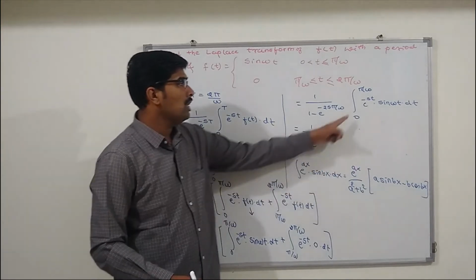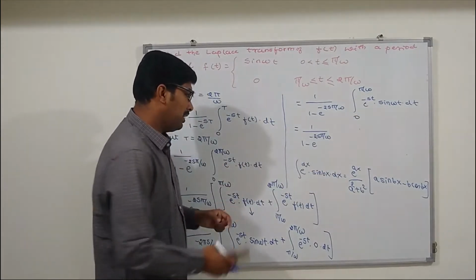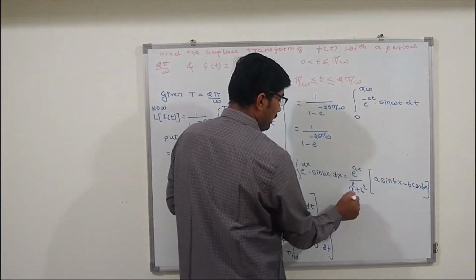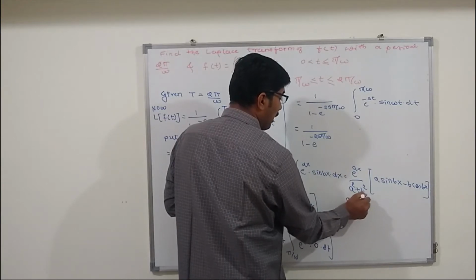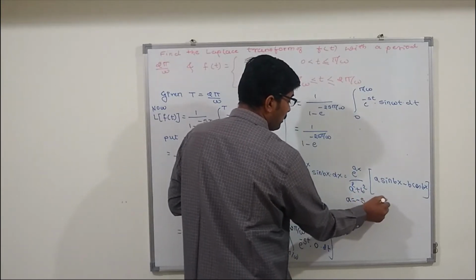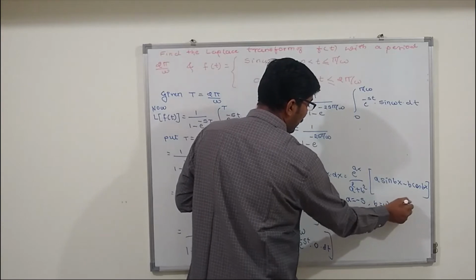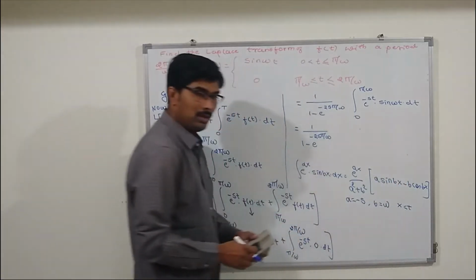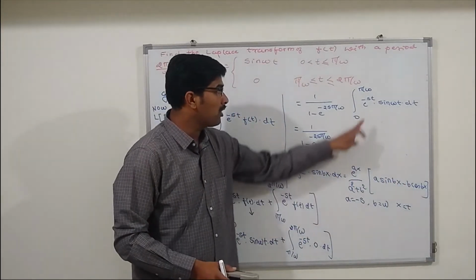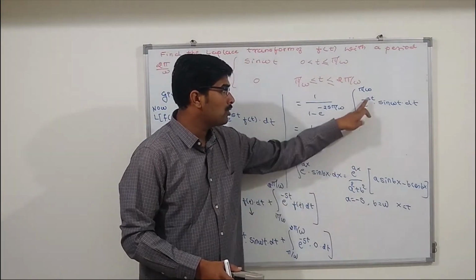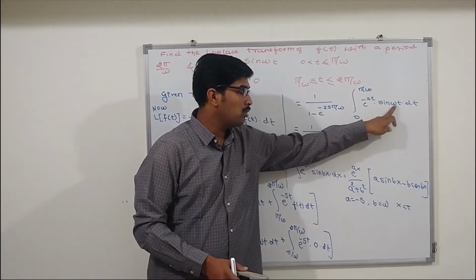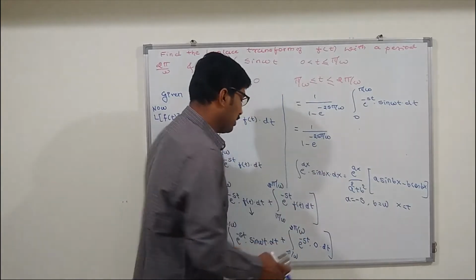By using this formula, you have to simplify this integration. If you compare here, a is equal to minus s, b is equal to omega, and x is equal to t.